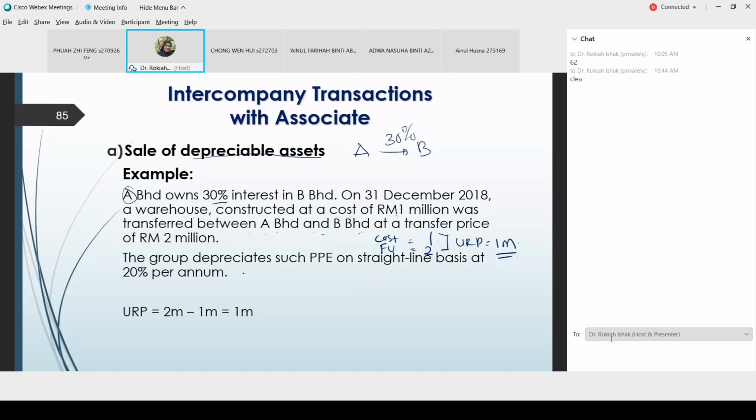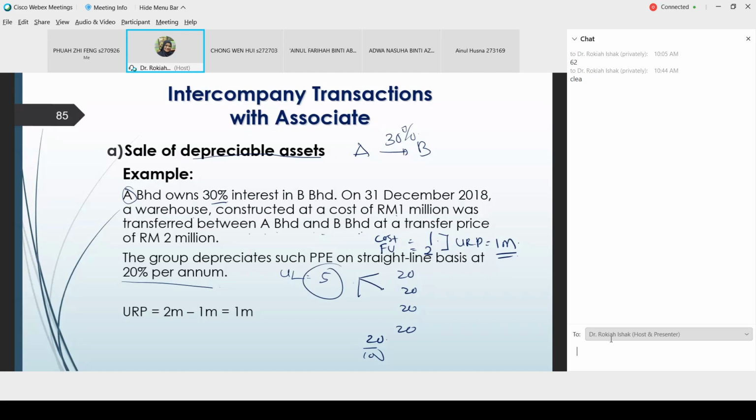The group depreciates the PPE on a straight line at 20% per annum. So 20% per annum means that the useful life is 5 years. How do you know this? 20%, 20%, 20%, 20% up to year 5, then it becomes 100%. So the useful life of that machine will be 5 years.